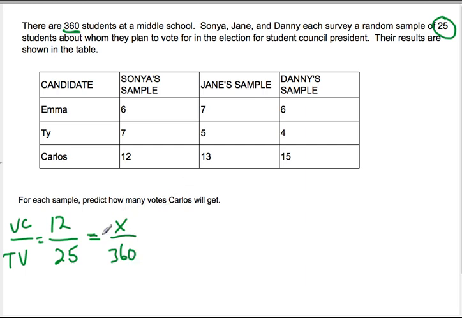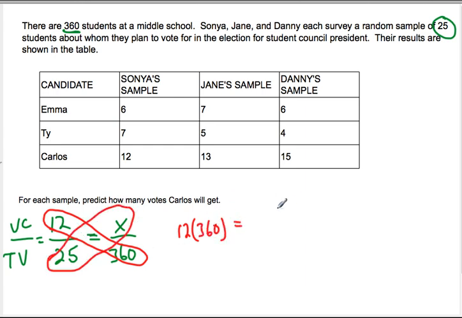So there's a couple different ways we can do that. We can figure out what percent 12 is of 25, or we can just do cross products here. So I'm going to do cross products. So we got 12 times 360 is going to equal 25 times x. And then we can divide both sides by 25.